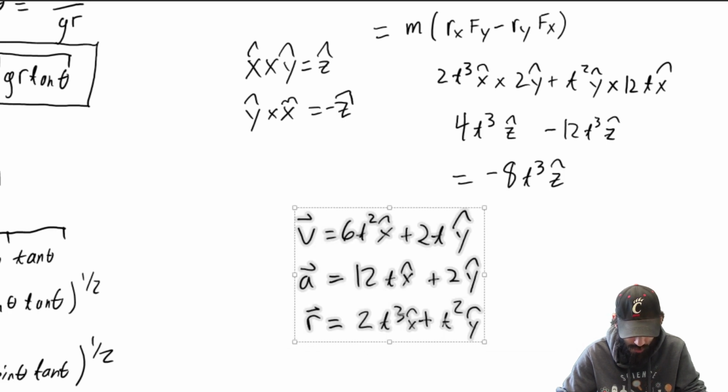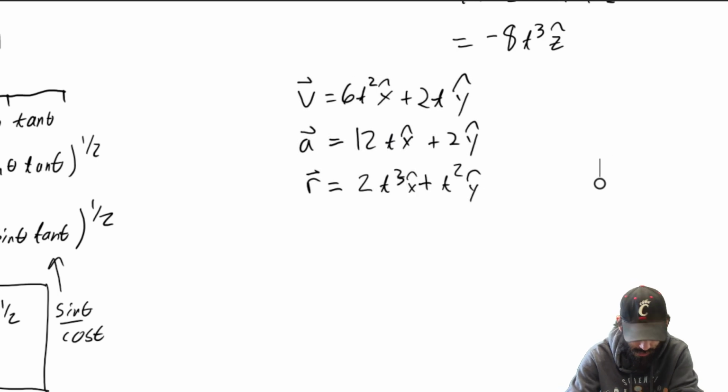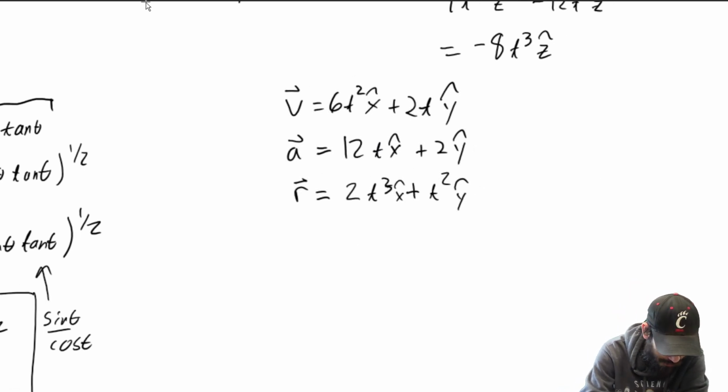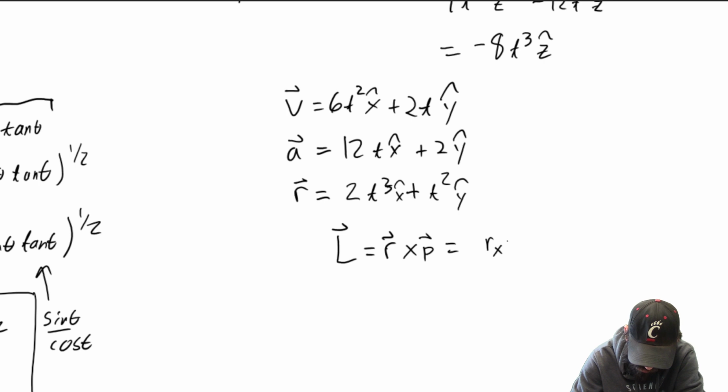So now I'm going to calculate the angular momentum here, and it's essentially the same thing that we had here. So L vector is going to be equal to R cross P, which is equal to Rx times Vy minus Ry Vx. I had this with a mass before.